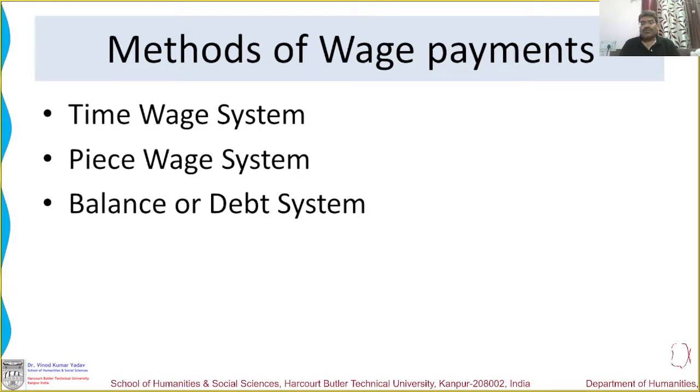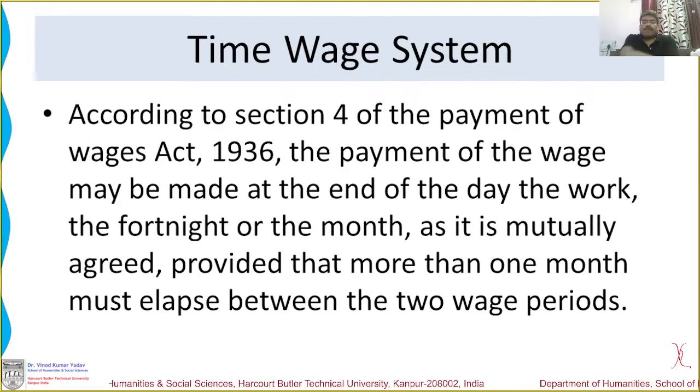If we talk about the time based system, it simply says that the payment of wages may be made at the end of the day, the week, or the fortnight, or a month. So time based system means your payment or wages are fixed for a particular time period, and the quantity of work is not defined.